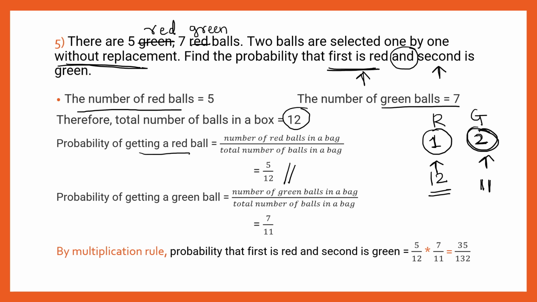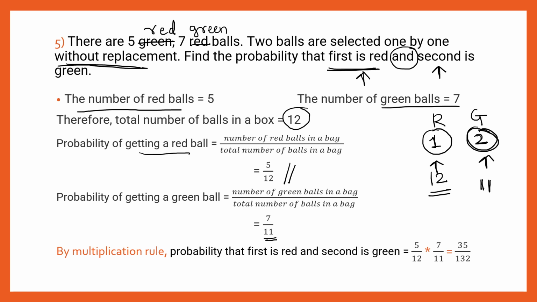Hence, while finding the probability of the green ball, which is the second one, our sample space would be 11. And the number of green balls is 7. That won't change. Divided by 11. Now by the multiplication rule, the probability that the first is red and second is green is equal to multiplying both of them.